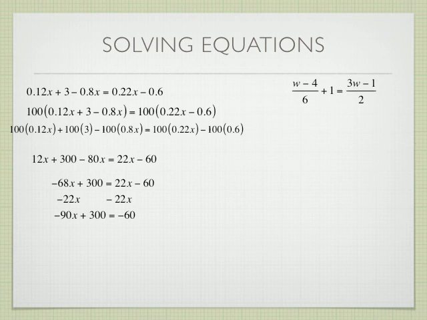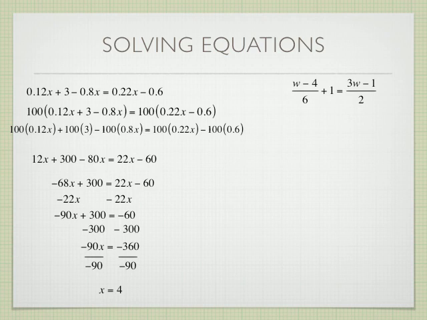Notice that I'm rewriting the parts of the problem that didn't change. Rewrite the whole problem on every line. Now I subtract 300 on both sides. I get negative 90x equals negative 360. Divide by negative 90 and I get x equals 4, which is a nice, easy answer for a kind of gross problem.